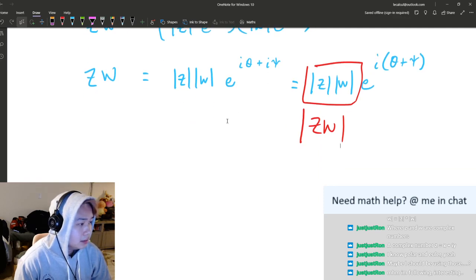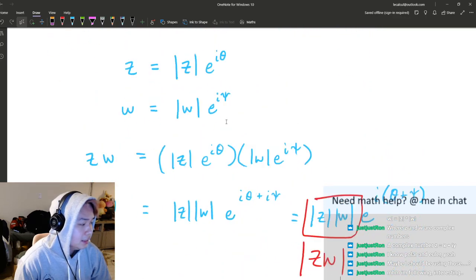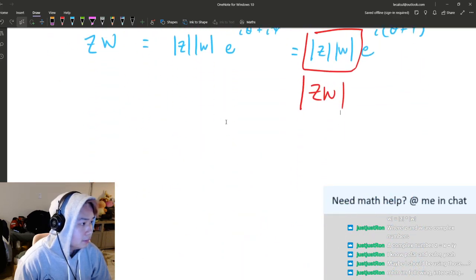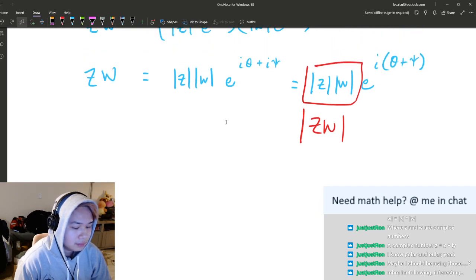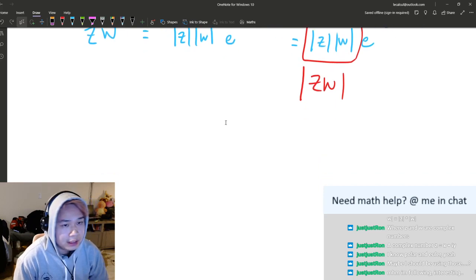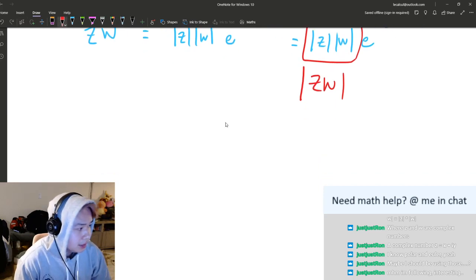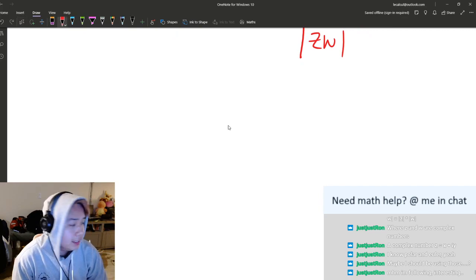So that's a way you can show it if you want to use Euler form, and this is the easiest way to show it. So hopefully that makes sense. If you wanted to use a Cartesian form, it's a pain in the butt, but it's possible. You just need to do a lot of stuff.